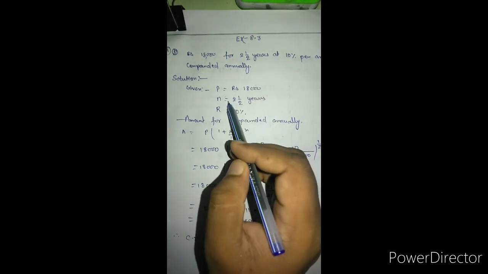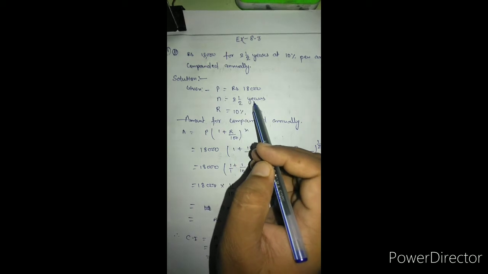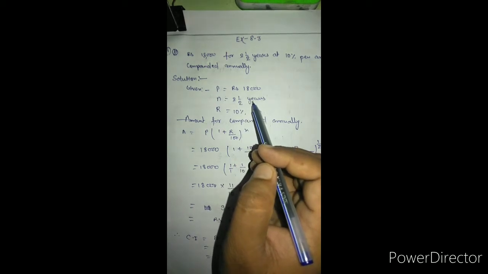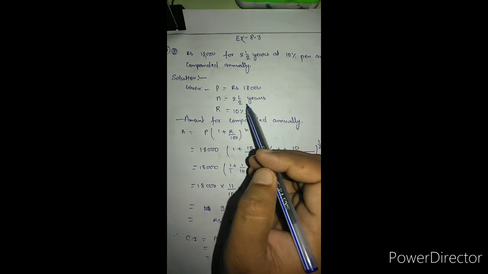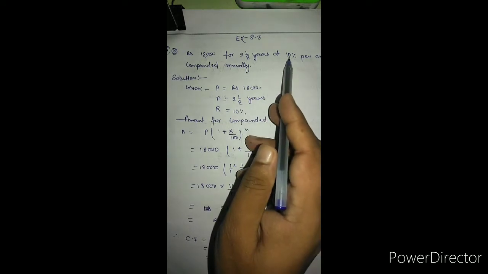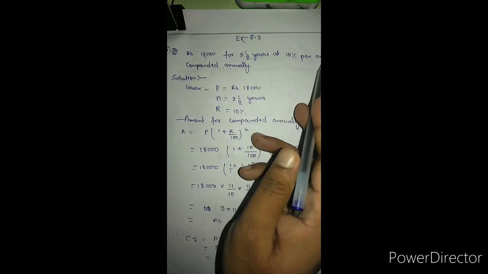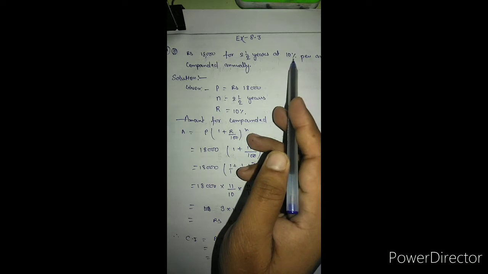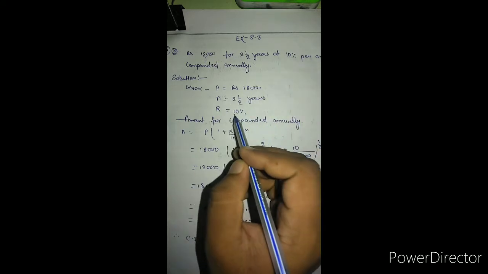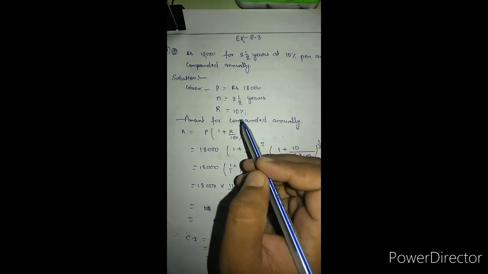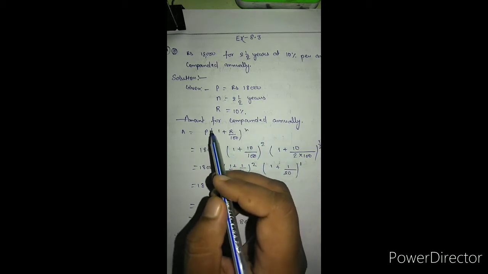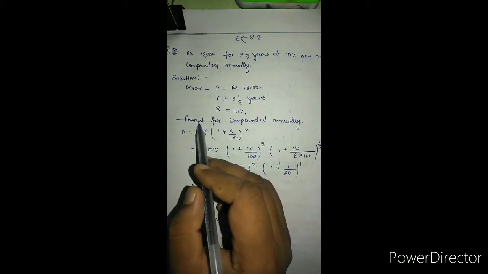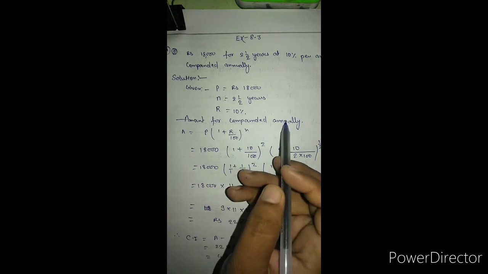So N is equal to 2 and 1 by 2 years. And at 10% per annum, which is the rate, so R is equal to 10%. Okay, so we have to calculate the amount, compounded annually.